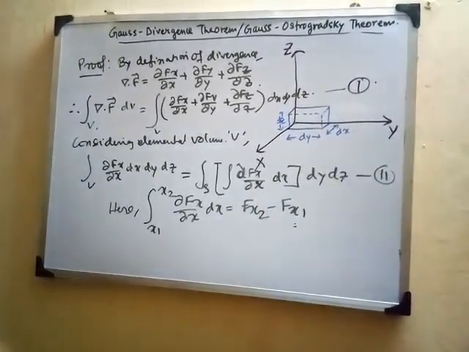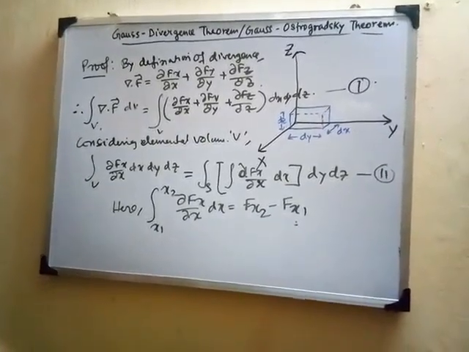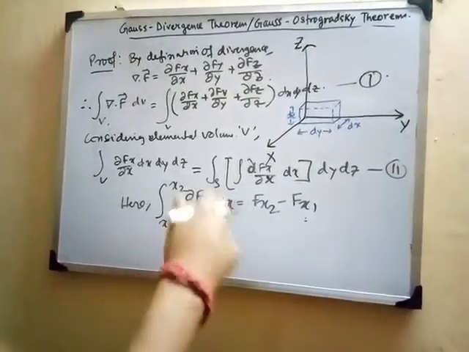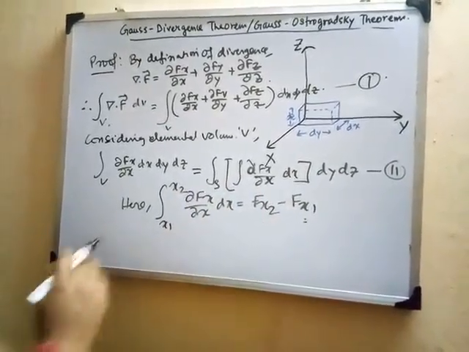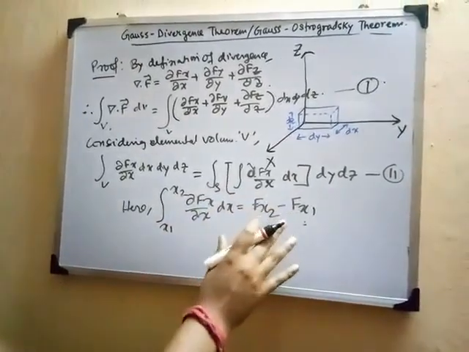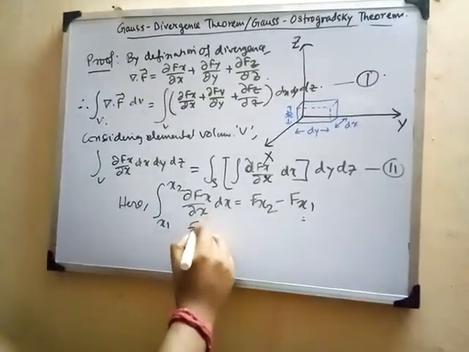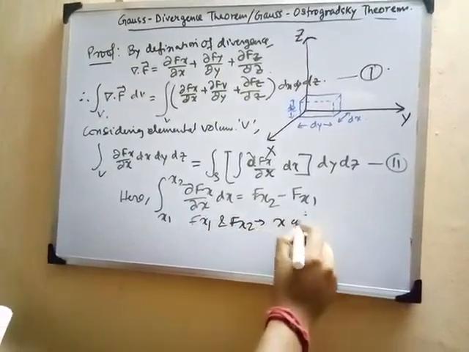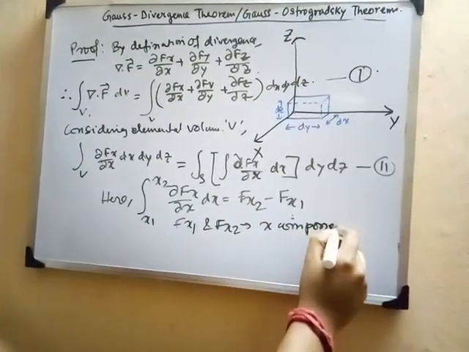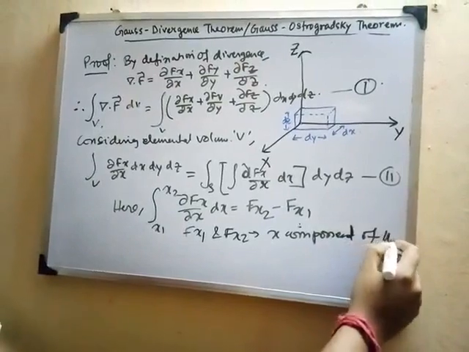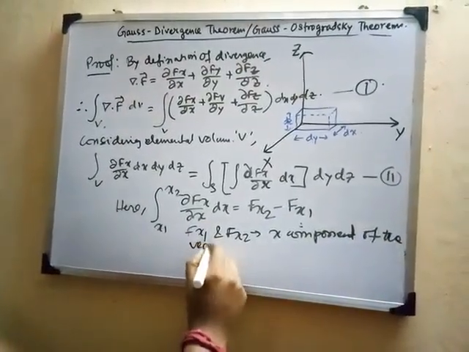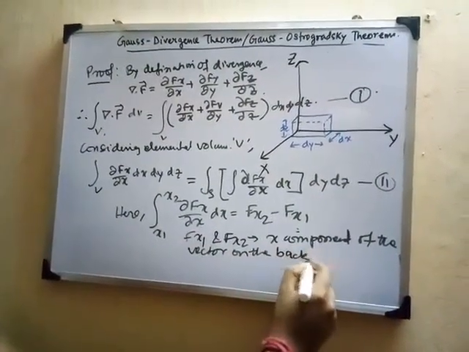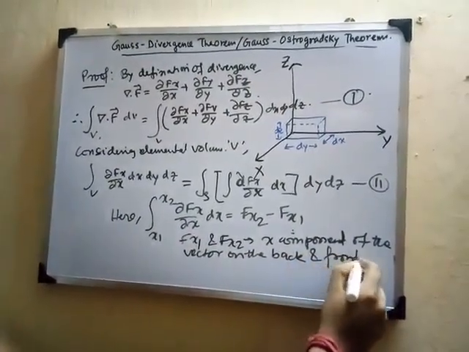So similarly we will write the expressions for the others. Before that, let us write fx1 and fx2. These are the x components of the vector on the back and front sides, isn't it?